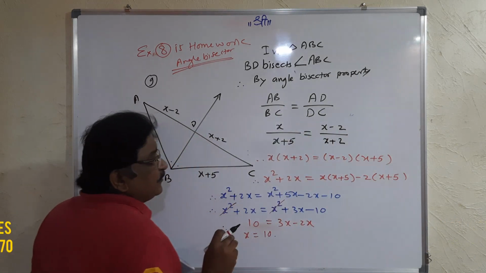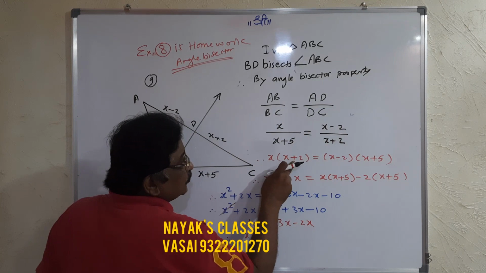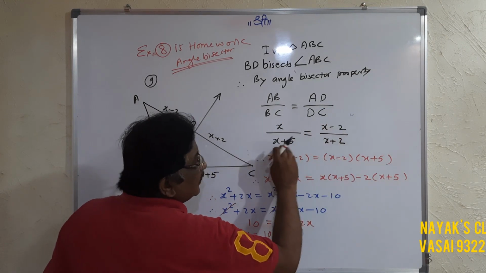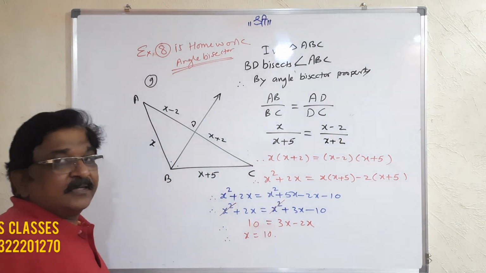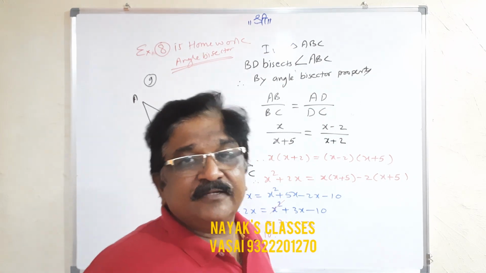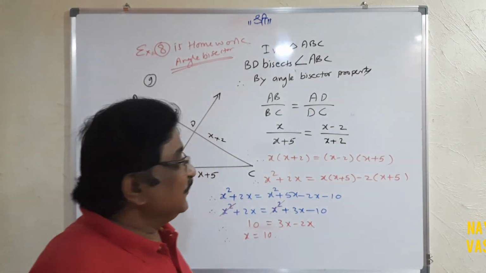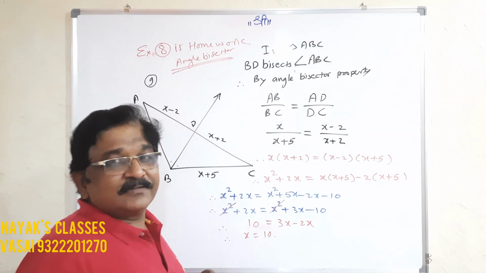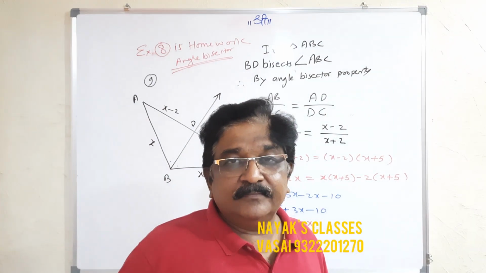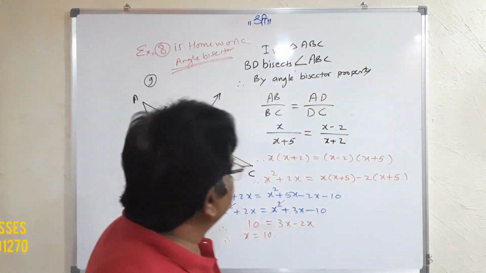When you cross multiply, you will get this statement: X into bracket X plus 2 and X minus 2 into another bracket X plus 5. Opening the bracket, you might have studied it in 6th standard with your dear teachers. If you remember, it is better. Remembering is learning. So remember bracket opening.